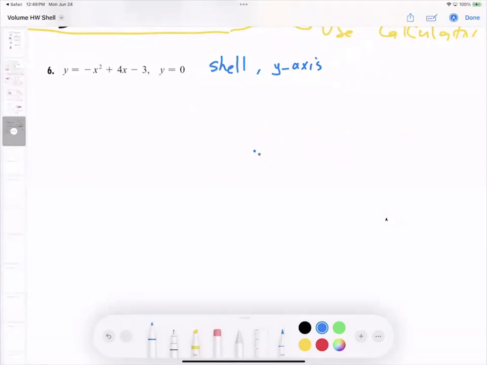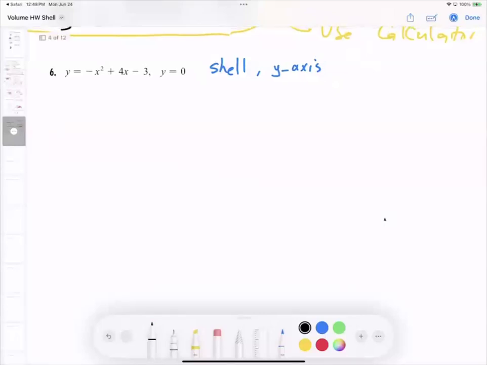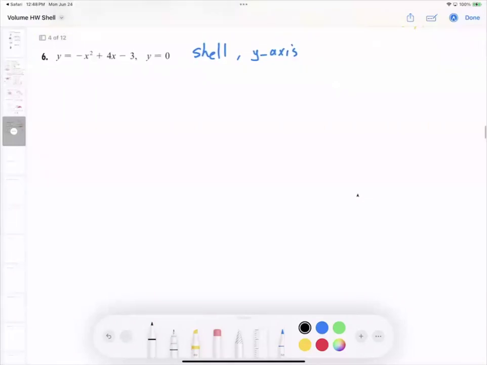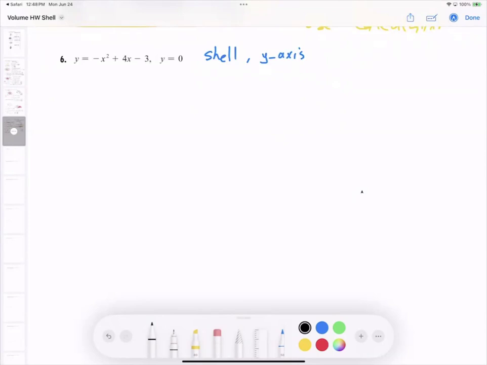That's one of the important parts in calculating the volume using any method, washer method, shell method, disk method. So set y equal to 0 to find the intersections.